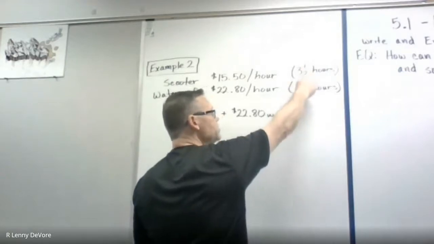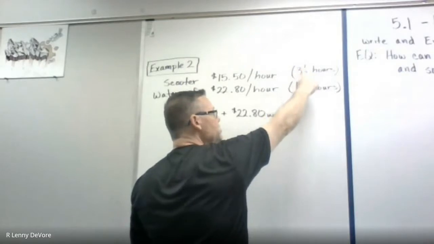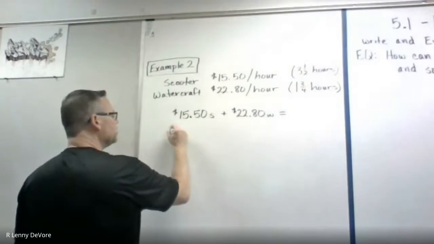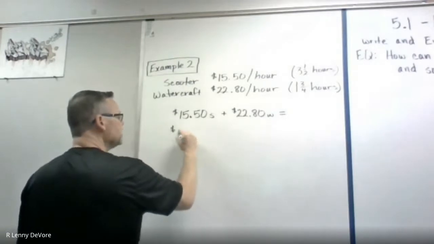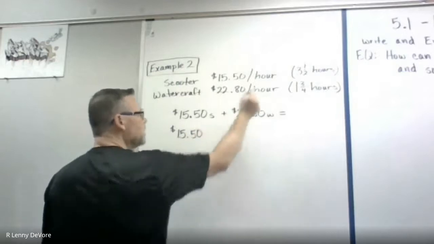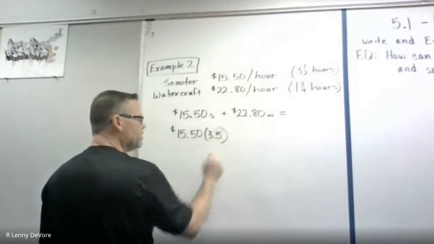Remember, every fraction is a division problem. This is your whole number, then I would divide 1 by 2 to get 0.5. So when I rewrite this equation, here's my hourly rate for the scooter, $15.50, and I'm going to multiply it, see the parentheses, by 3.5 for 3.5 hours.